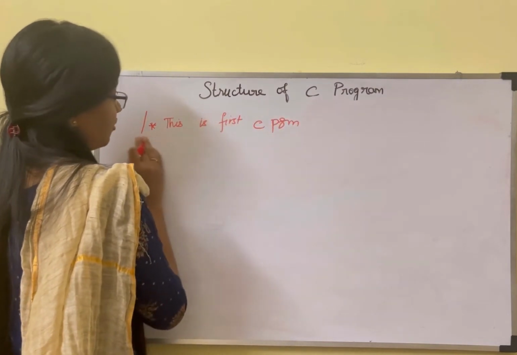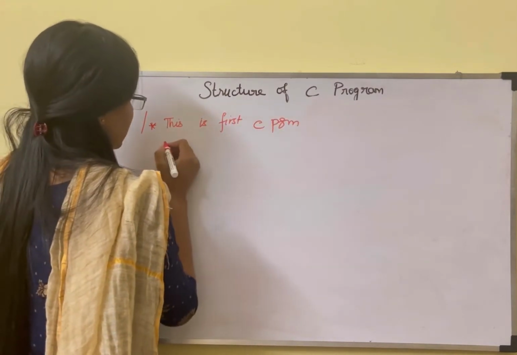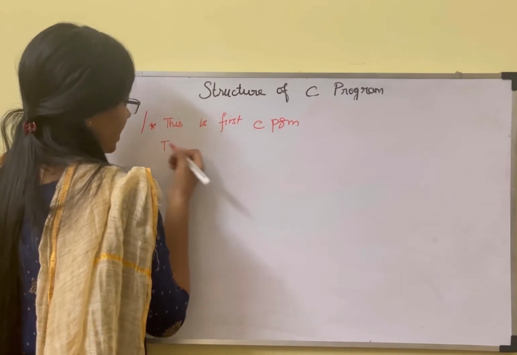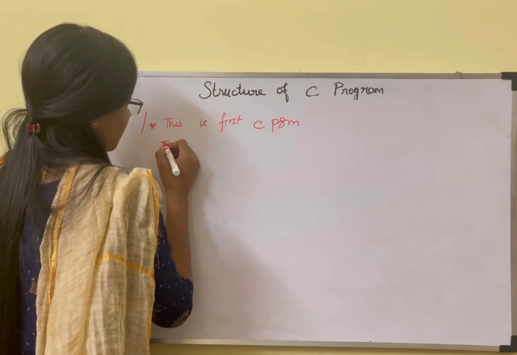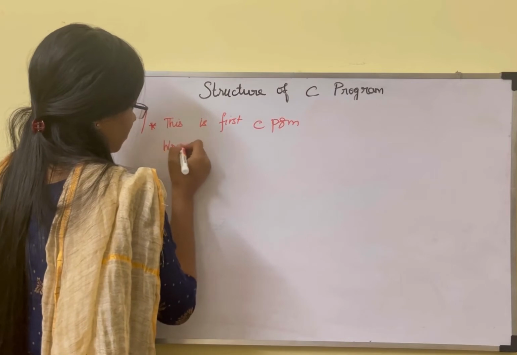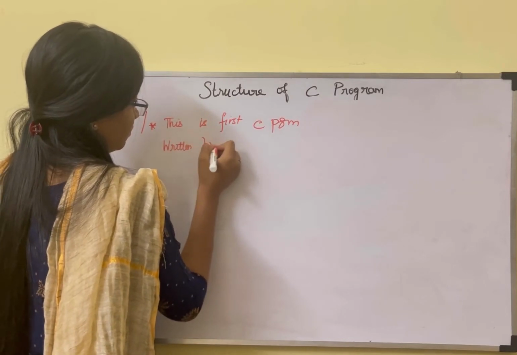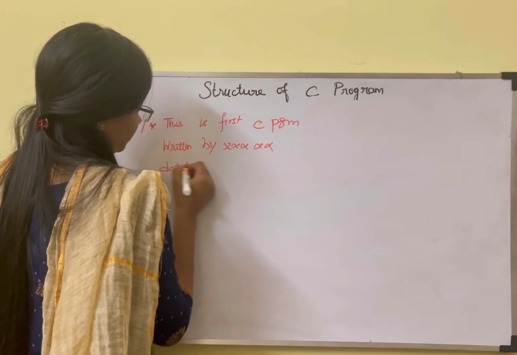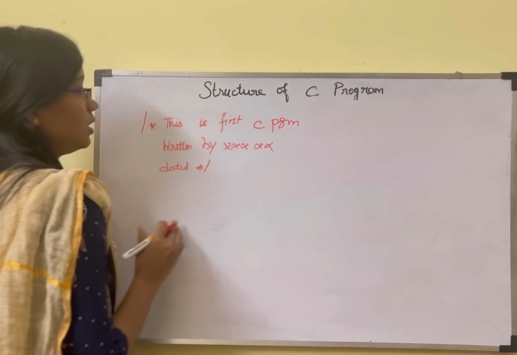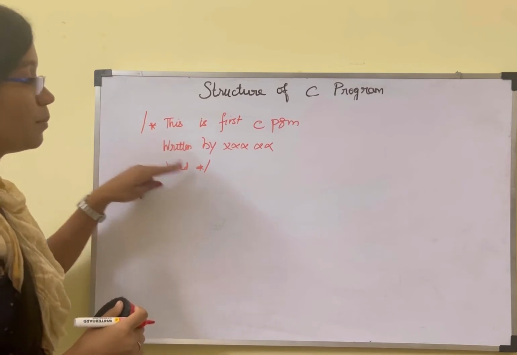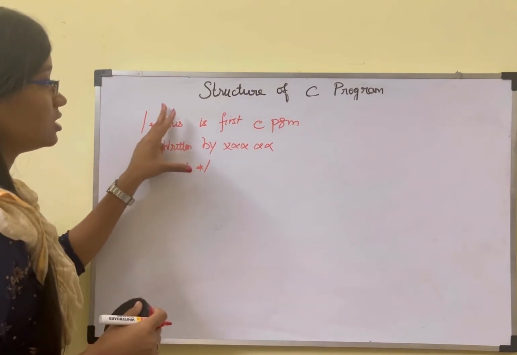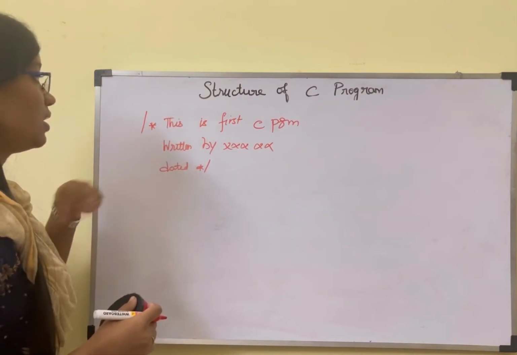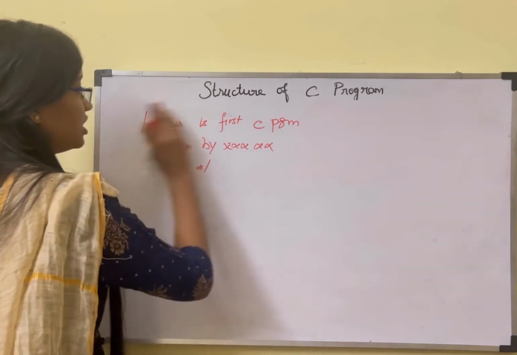This is a paragraph comment line, so I can write in the next line also. The compiler will not check it. Written by. If I give like this, the compiler will not error check this part. This is just for our reference. So this is the documentation section.